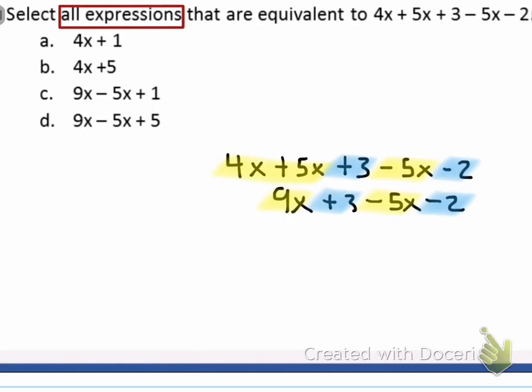So what's that going to give me? So in black, I'll just write it in black so it doesn't get too confusing. I'm going to get 4x, and then that's 3 minus 2. So 3 minus 2 is plus 1.